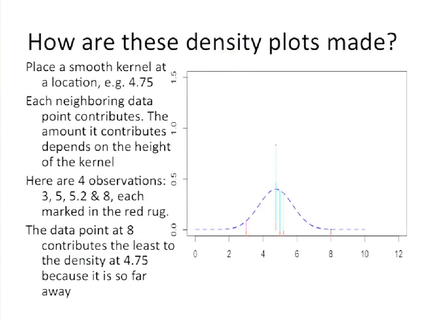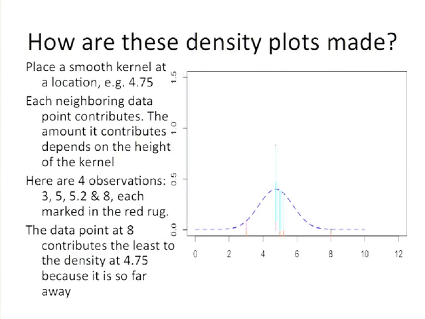When I'm nearby, I contribute a lot. I've color-coded this. Above 3, there's a purple bar. Above 5, there's a turquoise bar. Above 5.2, there's a blue bar. And above 8, there's a black bar. It's really tiny, you can barely see it. And I'm stacking all of these at 4.75.